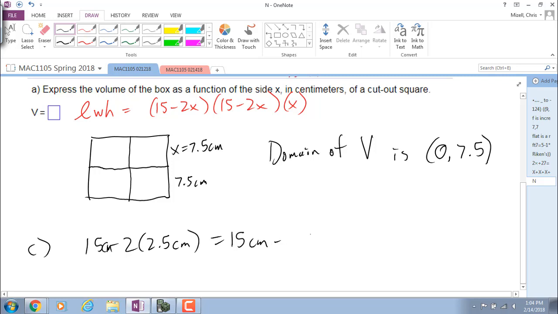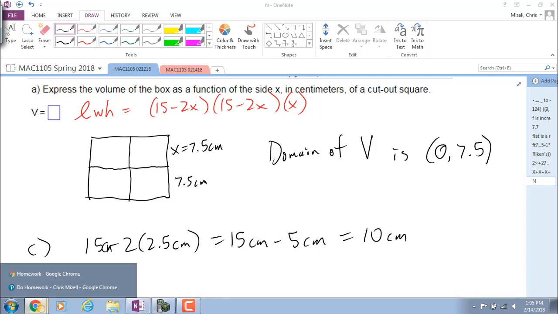So 15 centimeters minus 5 centimeters equals 10 centimeters. I think if we make this 10 centimeters by 10 centimeters by 2.5 centimeters, that's going to be the dimensions of this box.